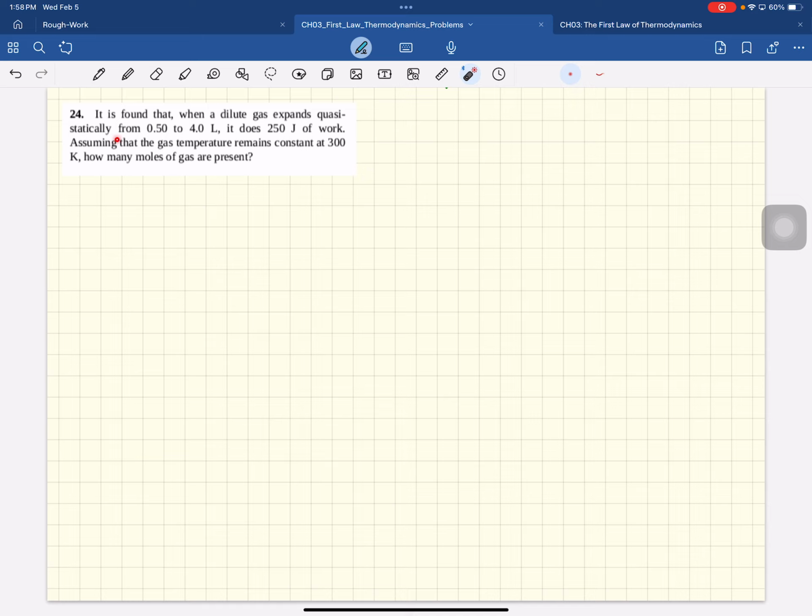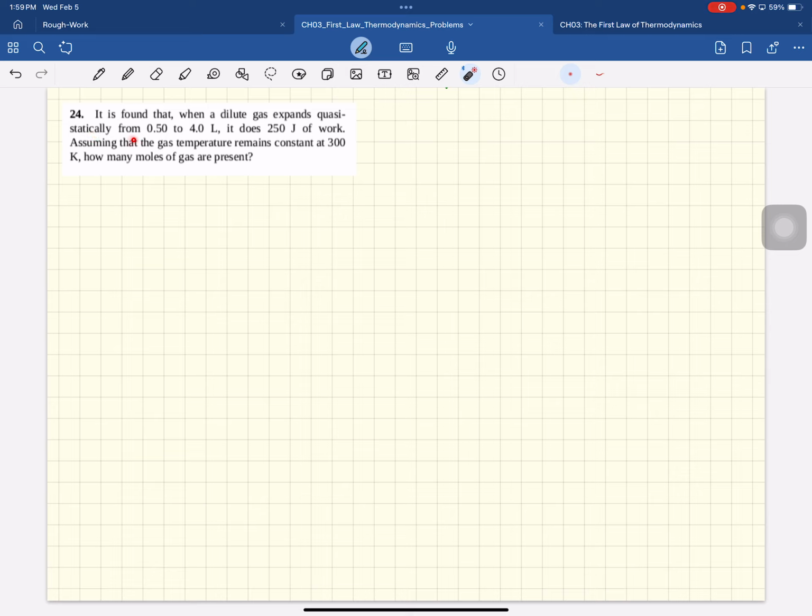Expands quasi-statically means it's a slow process, and all intermediate steps are equilibrium states. So on a PV diagram, you're going along a smooth curve as well.